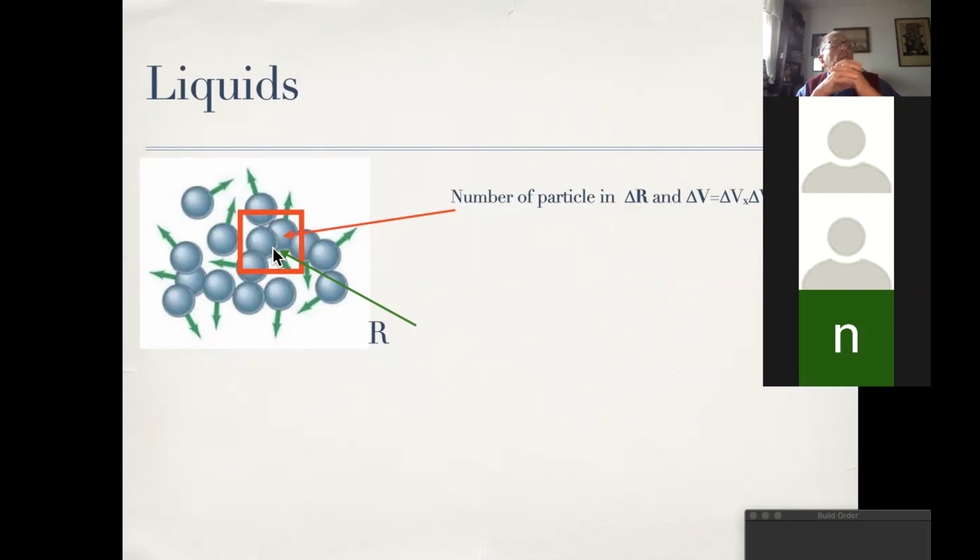So in addition to splitting space into those cells, which I have drawn as red boxes, we also have to split the velocity space into boxes, and each of those velocity boxes will have a volume delta V.